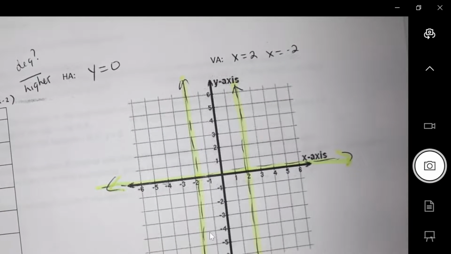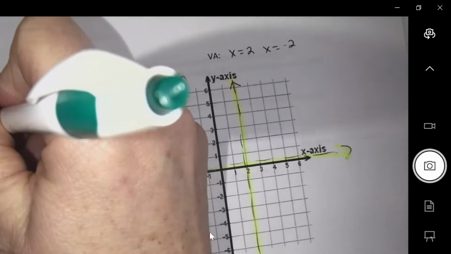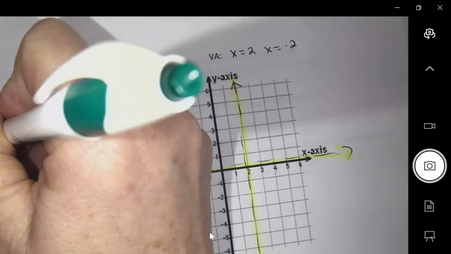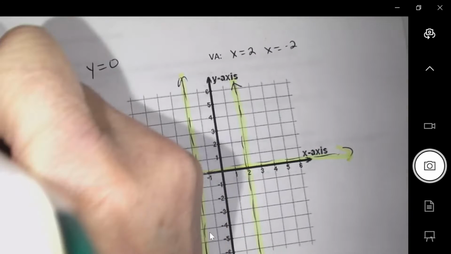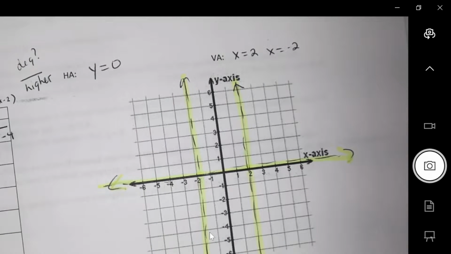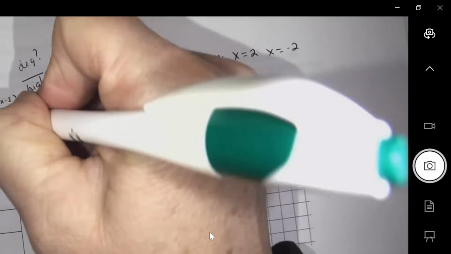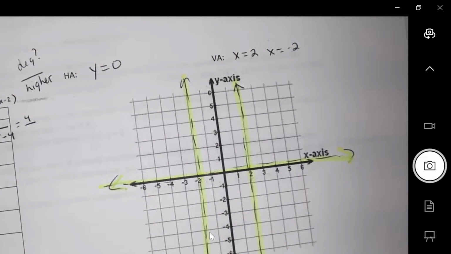Okay, I'm going to tell you these values so that we can just graph it quickly. So I'm going to plug in these values. So for instance, 4 over negative 4 squared minus 4. That's what I would do. Plug in negative 4. And I would get out 4 over 12.